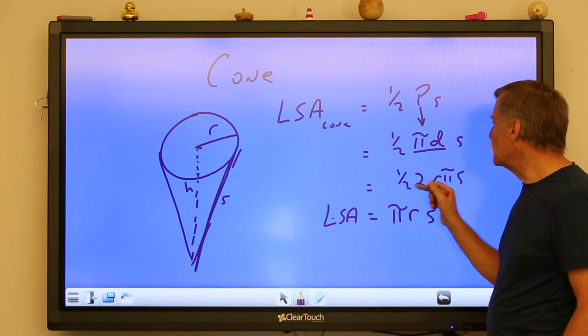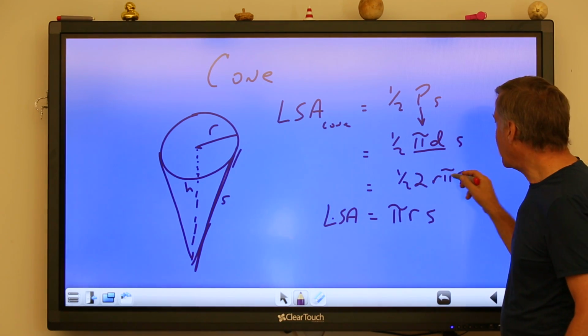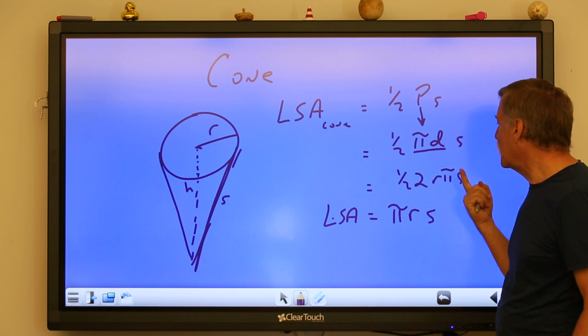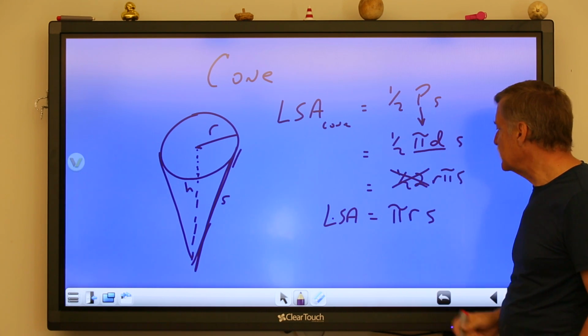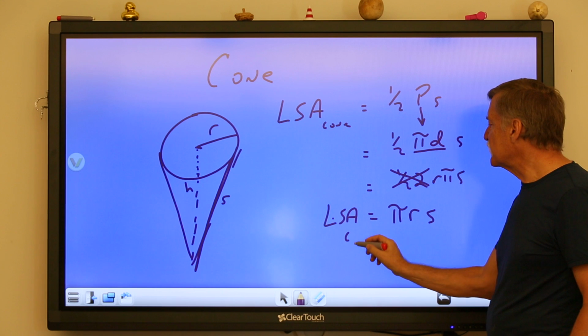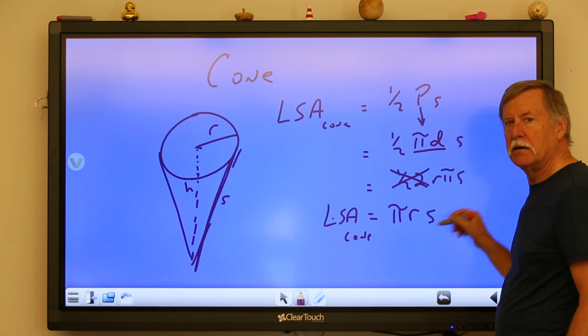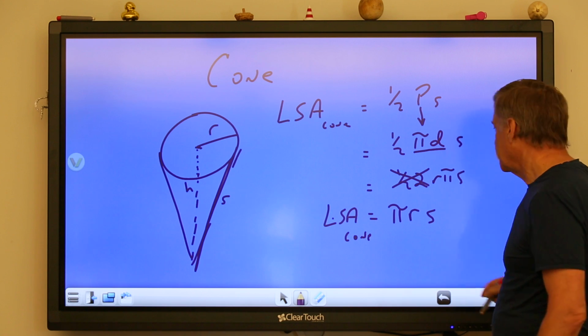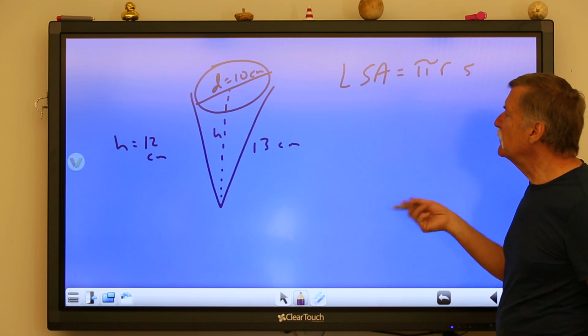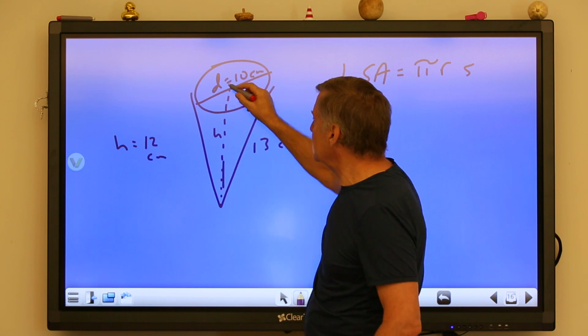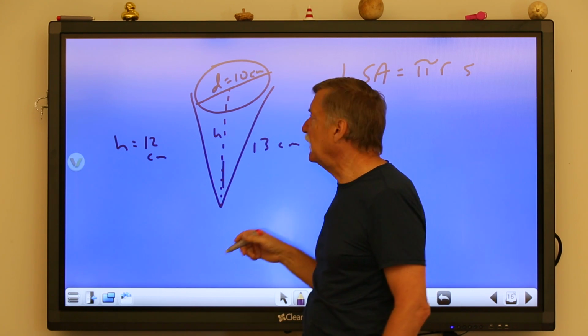So now I can write this as 1/2 2r pi s. But half of 2 is just 1, so the numbers go away, which is nice. And it says the lateral surface area for a cone is pi r s. Pretty simple, huh? So we could do that.